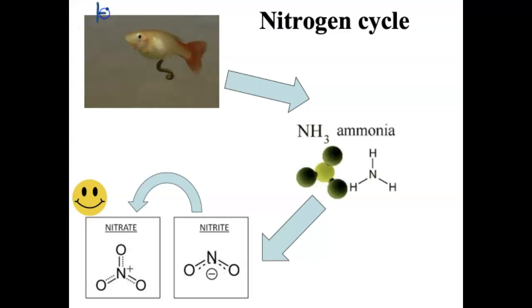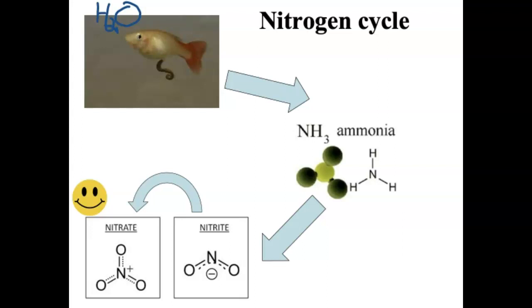Water, aquatic ecosystems. All right, so the nitrogen cycle in the aquatic system. So there's your fish. It poops. Wastes are produced in the aquatic ecosystem.